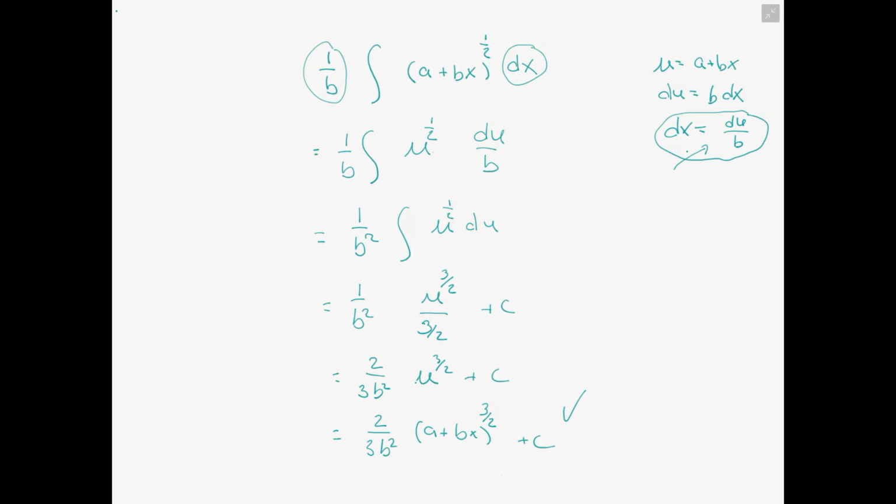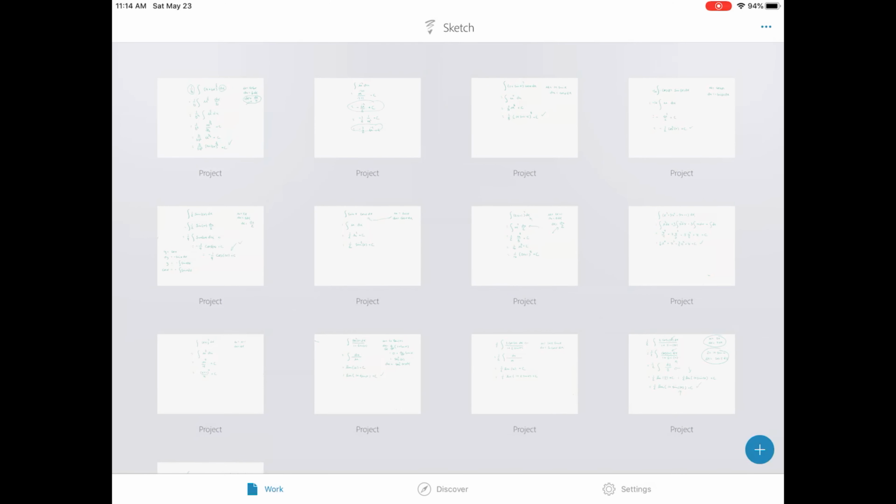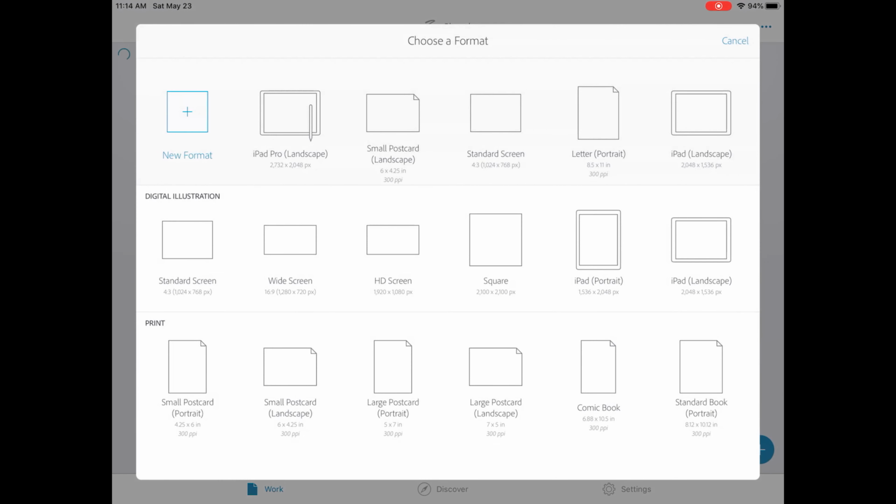So this is the correct answer for the problem as it was written. So we have to be a little bit careful about these things. In fact, I'm going to have to go back in my notes and make some corrections. And these are the types of things that you got to be careful about when you take an exam.